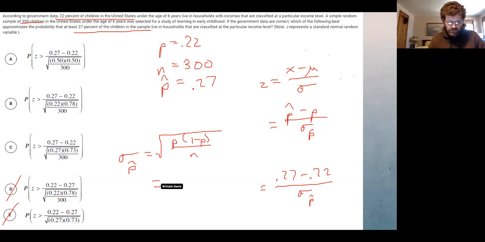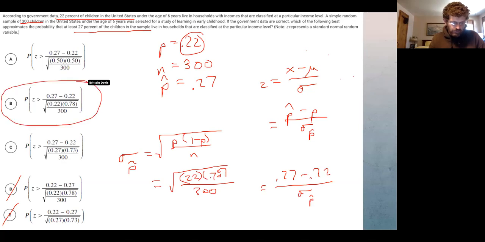So that's going to be 0.22, and then 0.78 is the complement of that, and over 300. So that's going to be my standard deviation. That's what's in the denominator. All right, so the answer here is B.